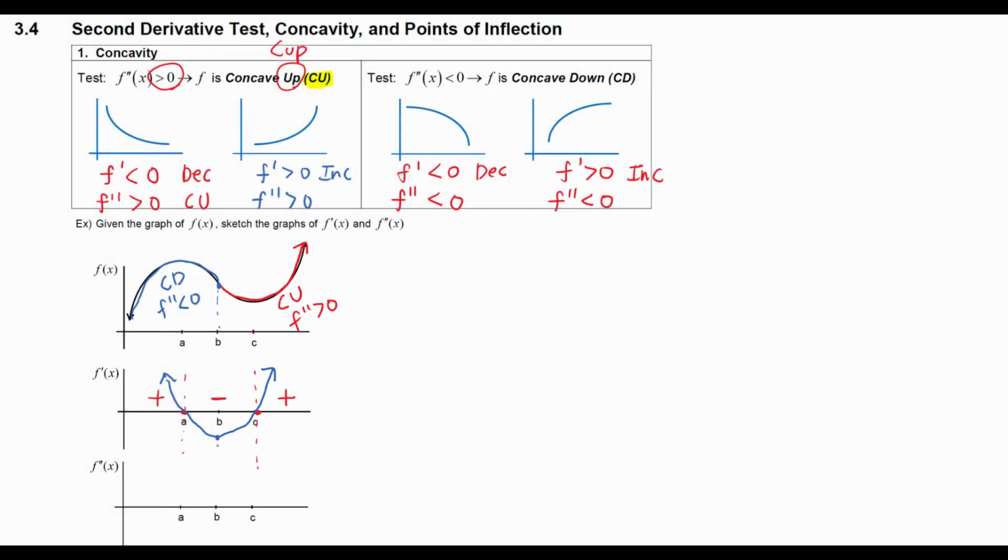And knowing that my f prime is the shape of a parabola, my f double prime should be a first degree polynomial, which is a straight line. And knowing from negative infinity to B it is negative, and B to C it is positive, I will have a shape of a line like that.